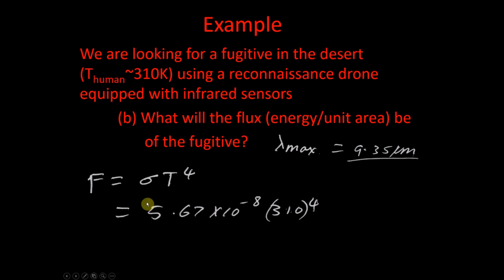Substitute in, sigma again is another constant of 5.67 times 10 to the minus 8. Our temperature is 310 Kelvin, and that means our flux will be 523.6 watts per square meter. So if we had a much larger flux coming from our creature, we would actually know that it was due to the fact that it's a bigger creature.